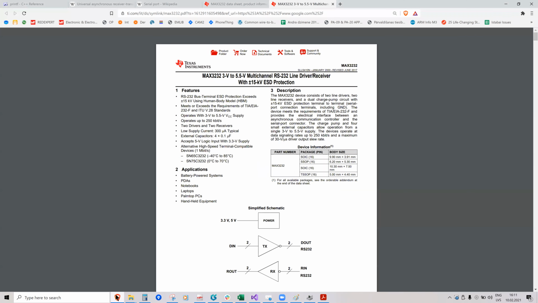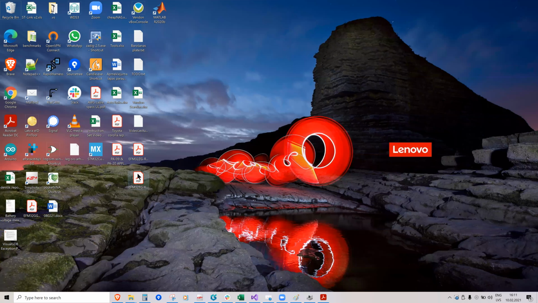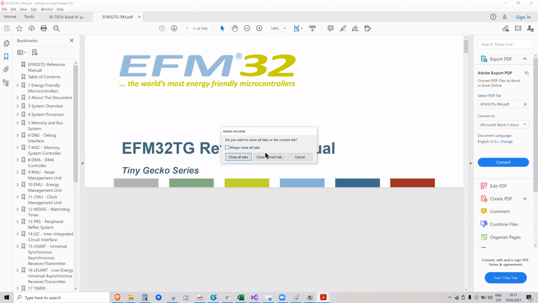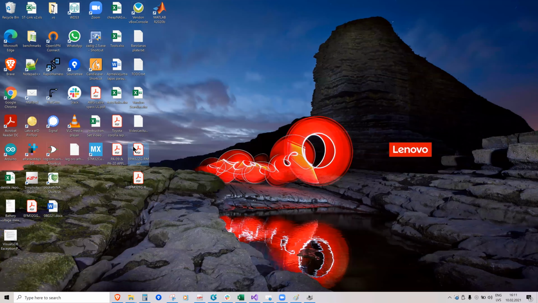Exactly. And you can actually check the voltage threshold of a processor in its datasheet. For example, this Silicon Labs reference manual, I need the datasheet. I don't have the datasheet on my desktop.